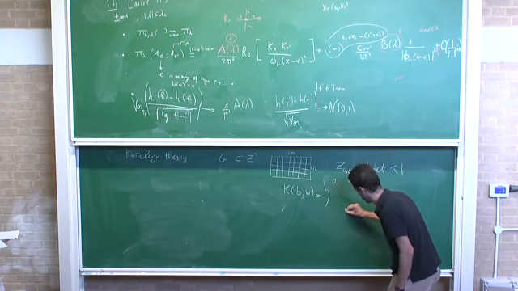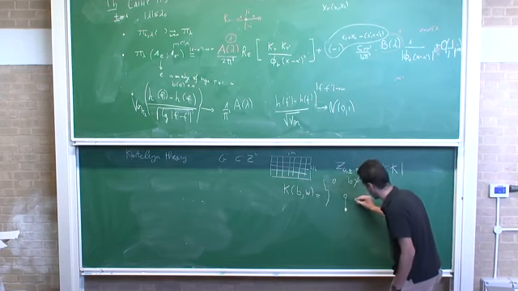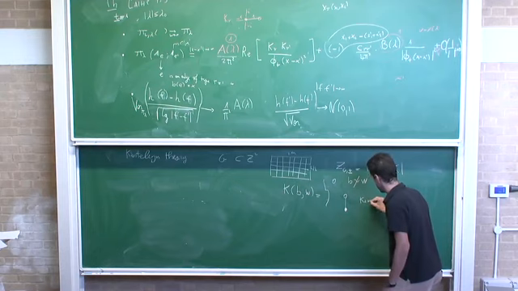So let me just draw a picture. If your two things are like this, you get K2, which was IT2.